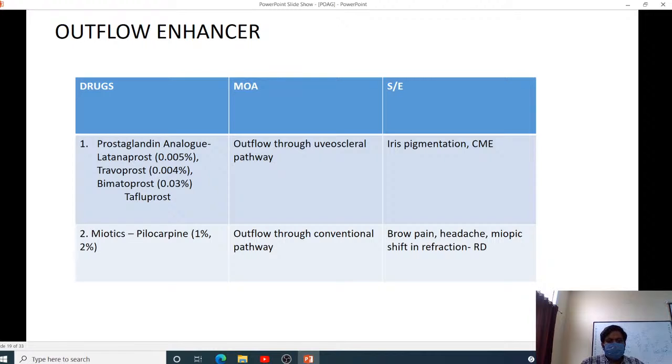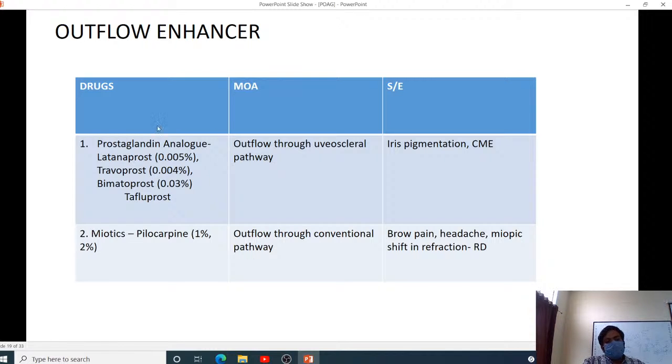There is more space between the scleral spur and trabecular meshwork, so there is more enhanced flow of aqueous humor. Okay, the side effects are brow pain and headache, and it causes a myopic shift in refraction that can lead to retinal detachment. So before putting a patient on miotics, you have to do a thorough retinal examination just to rule out any breaks or any retinal tear.